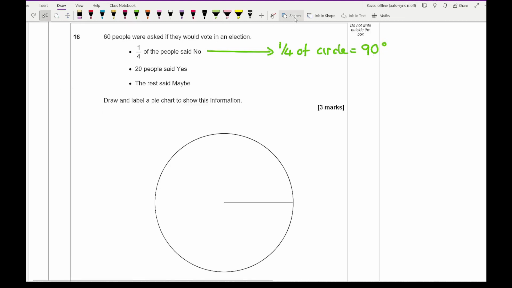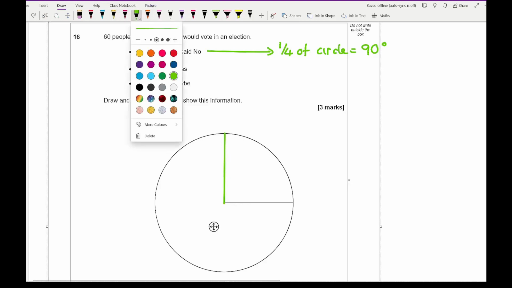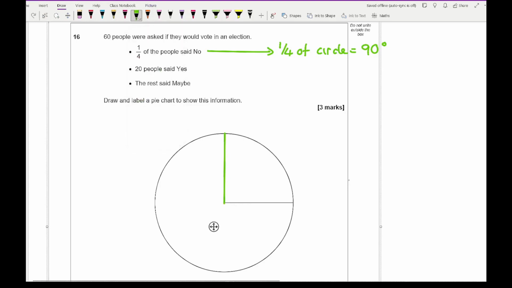If I use my protractor or a ruler or whatever you've got to measure your angles, you just got to make sure that that is 90, and I'd say that just about looks a little bit wonky, but that's pretty much it. So this angle here is 90 degrees, and that is no.